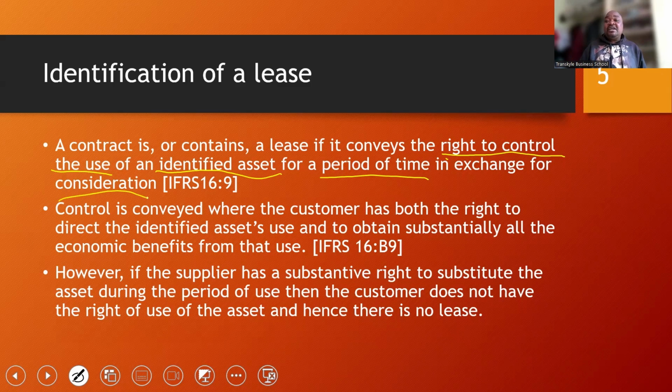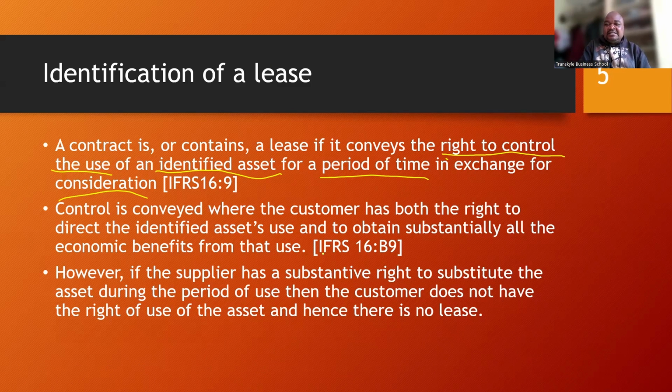When it becomes a free lunch for the rest of the term, it ceases to be a lease. When there is no specified period, it again ceases to be a lease. Because if you're going to stay at my house forever, then automatically that is your house. You're not renting from me.